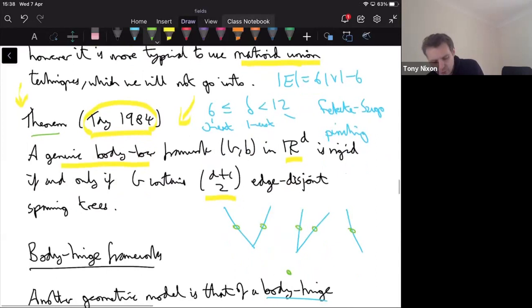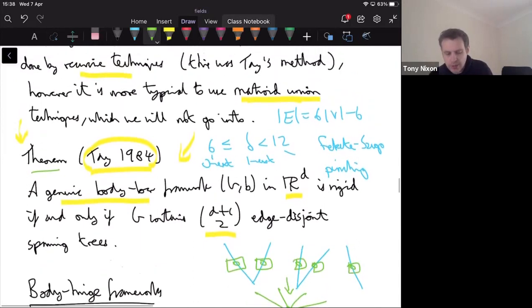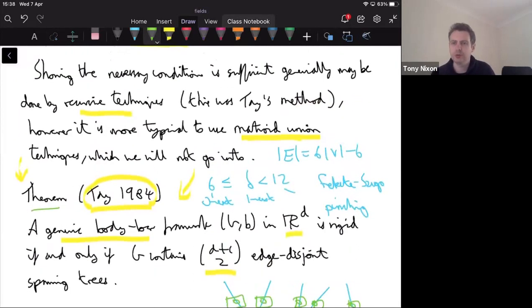So you end up with one green vertex that goes to all of these different endpoints by just merging all of these vertices into the one here. And in this kind of operation, in the special case of body-bar, he's able to prove that it preserves rigidity.